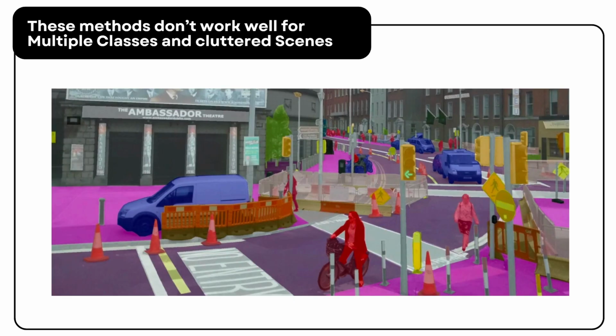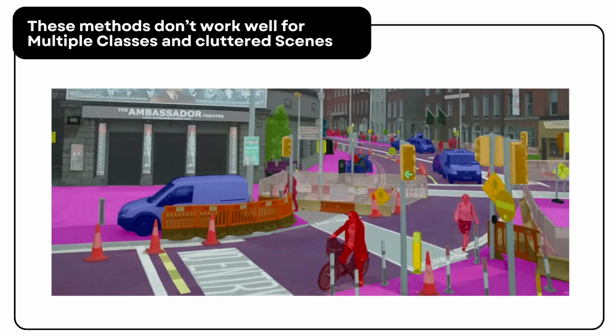Okay, so now there's an important limitation we need to understand. While techniques like K-means and mean-shift are useful for simple segmentation tasks, they struggle in real-world scenes, especially ones like this with multiple classes and cluttered backgrounds.